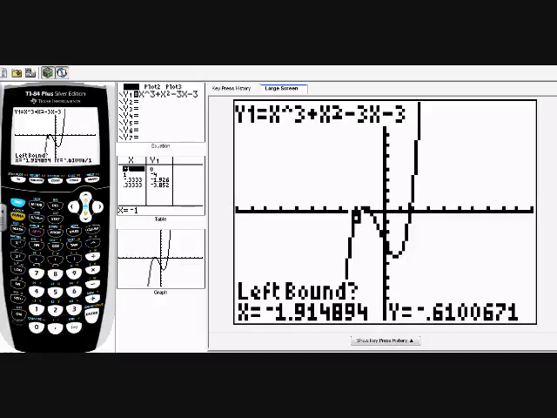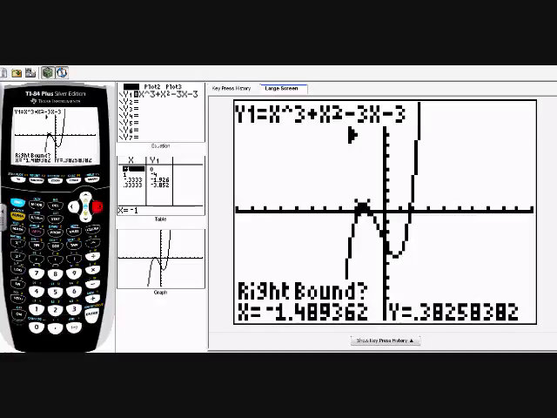Then use the right arrows and get the crosshairs up over the axis, and that'll be your right bound.